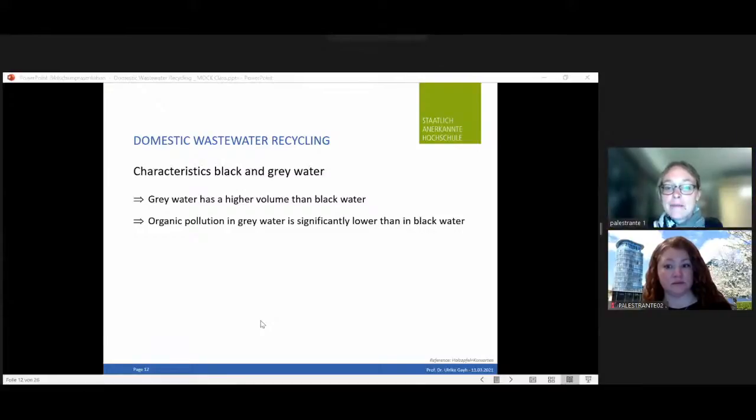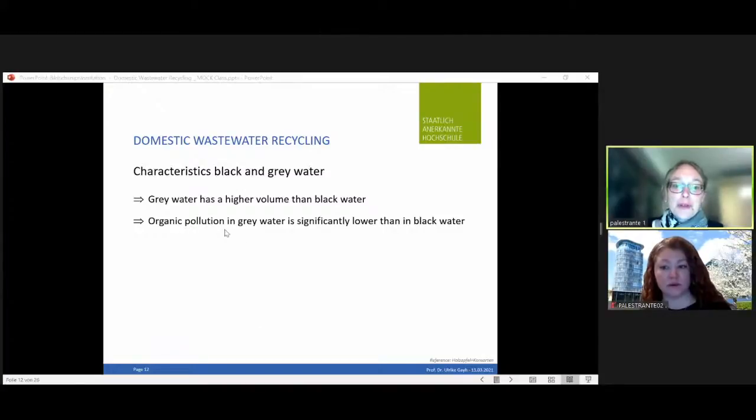Okay, sorry. And the organic pollution in gray water is significantly lower than in black water. So here you can really say gray water is the clean wastewater in comparison to the black water.